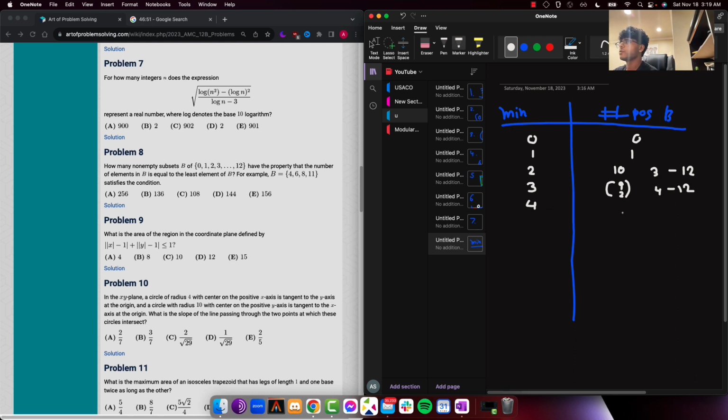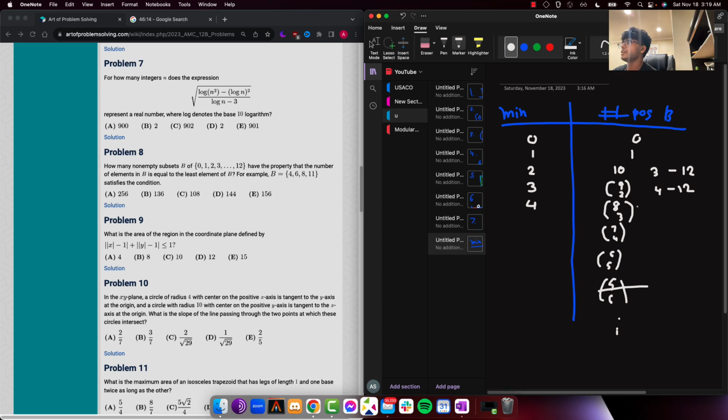So 4 would be 8. The pattern is that the top number decreases and the bottom number increases. So 8 choose 3. Then 7 choose 4. 6 choose 5. And then we have 5 choose 6, which we know is 0. So everything past this point is 0.